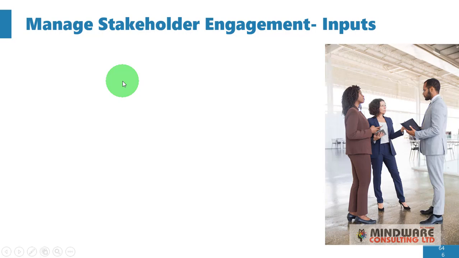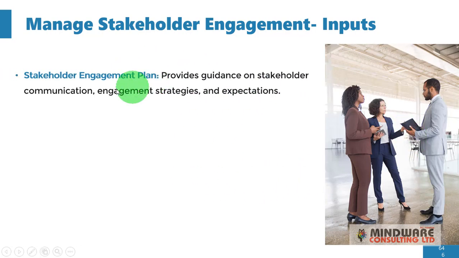Now let's begin to look at the inputs in this process. The first is the stakeholder engagement plan. Now remember, this is an output from the previous process. Here it is serving as an input, and it provides guidance on stakeholder communication, engagement strategies and expectations.